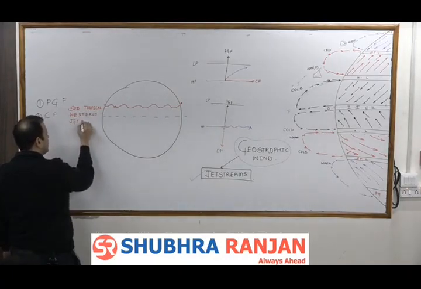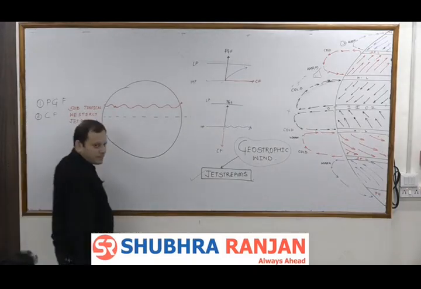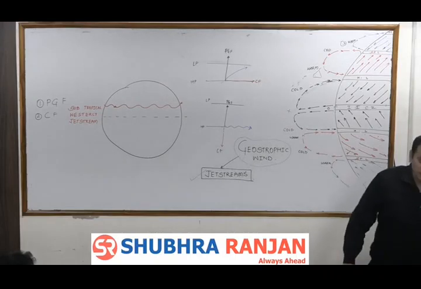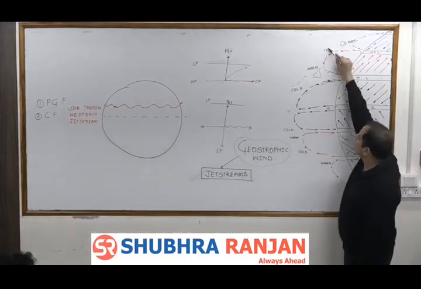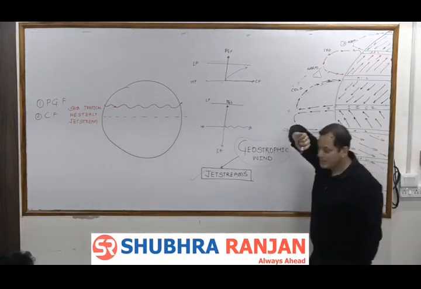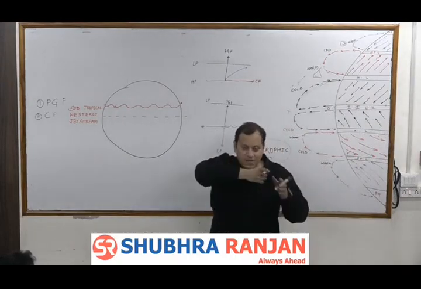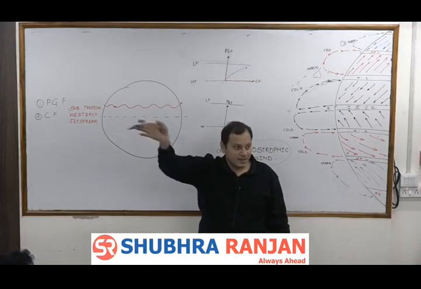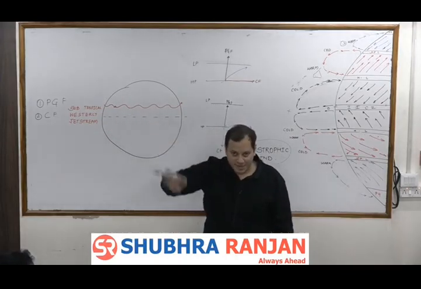Jet stream. Fine. There is another wind which goes from this cold to this warm, where there is more temperature difference, but while going in the upper atmosphere it is going to get deflected to which direction? In the northern hemisphere, right or left? Right.